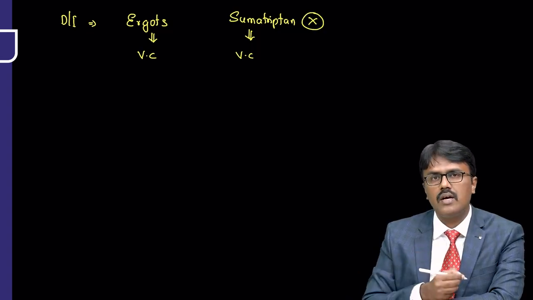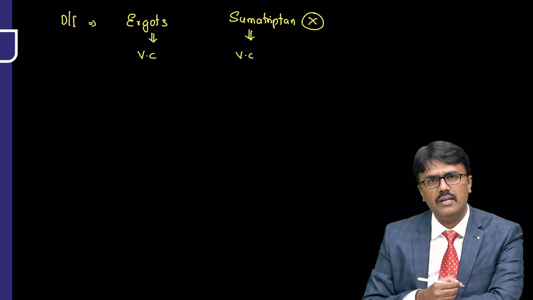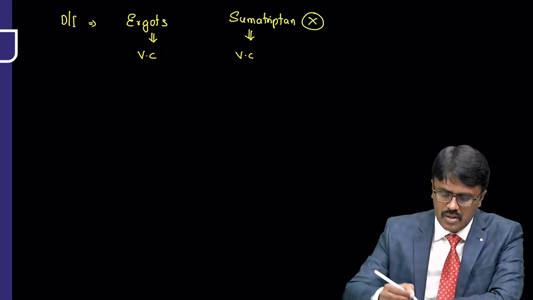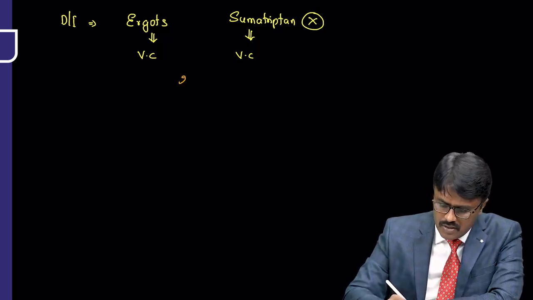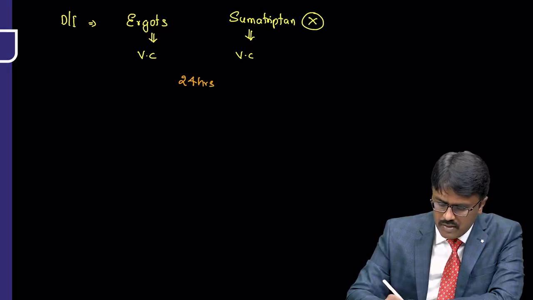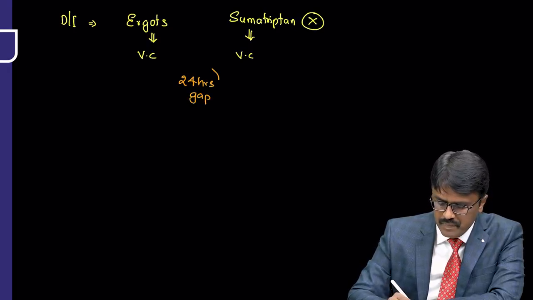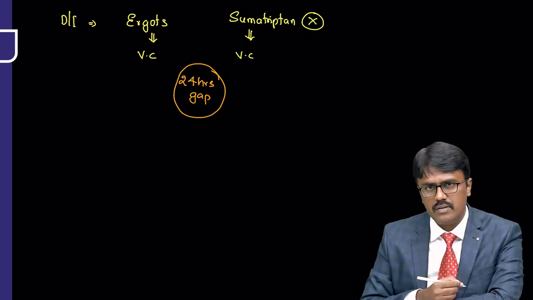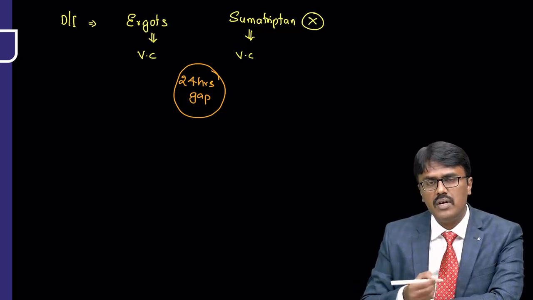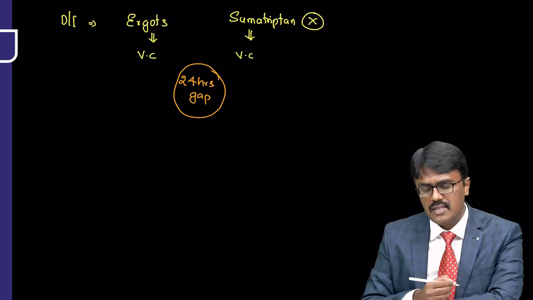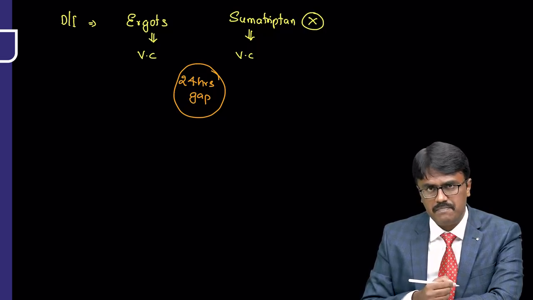The combination is contraindicated because they both are vasoconstrictor. If I want to use it, I have to give a 24 hour gap. So if the patient is already on ergot and you want to give sumatriptan, don't give it immediately. You should give at least a gap of 24 hours.